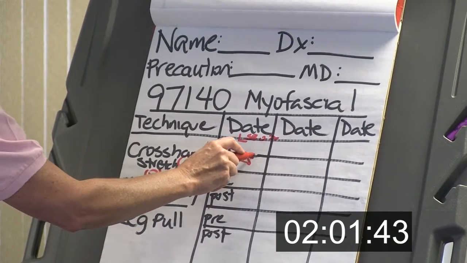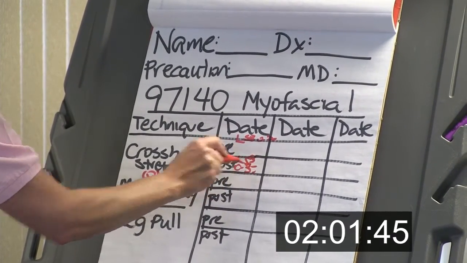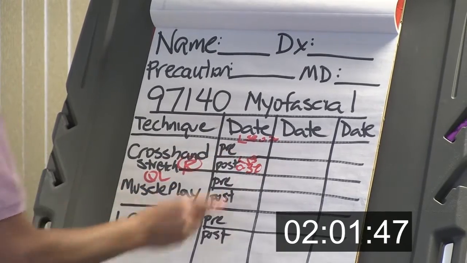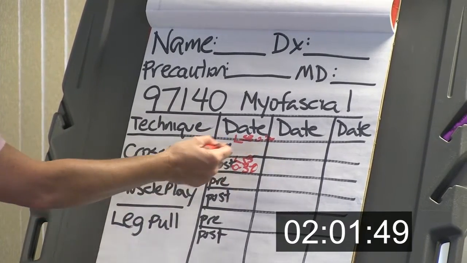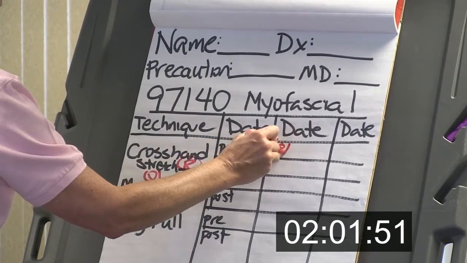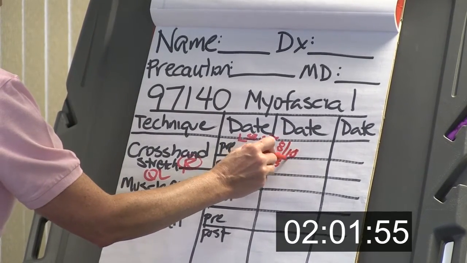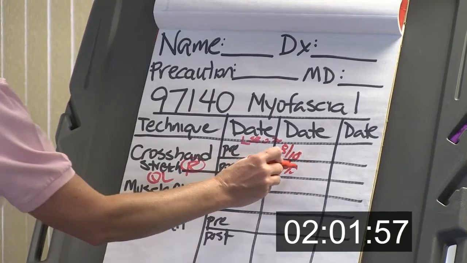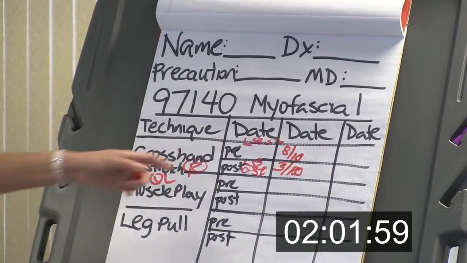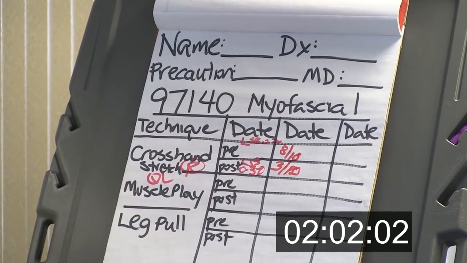Post-treatment, left side bending might have been 0 to 30 in terms of my range of motion. Pre-treatment, the pain scale in the right QL might have been an 8 out of 10, and post-treatment it might have gone down to a 3 out of 10 for the trigger point in the QL. So do you see how I could document easily?